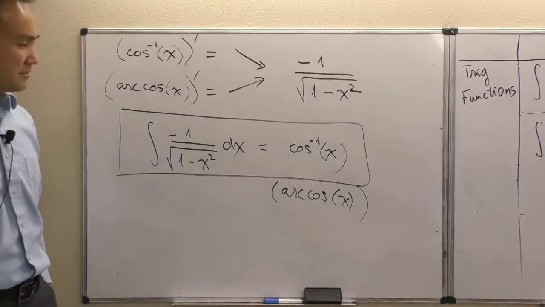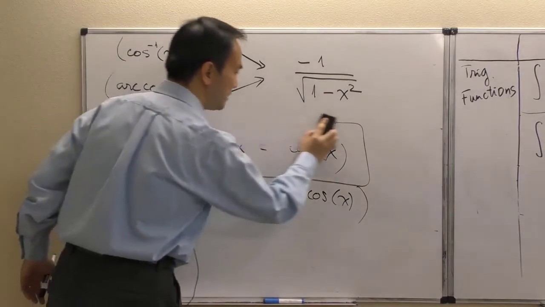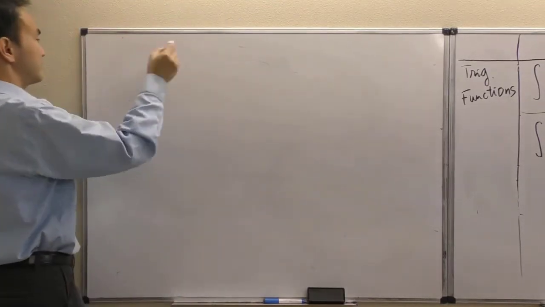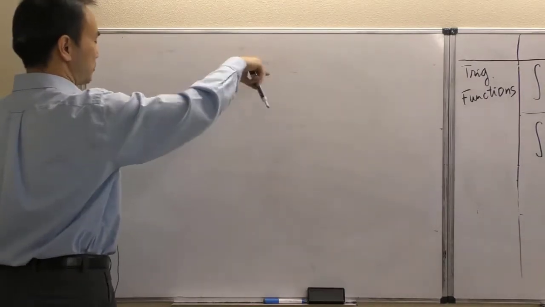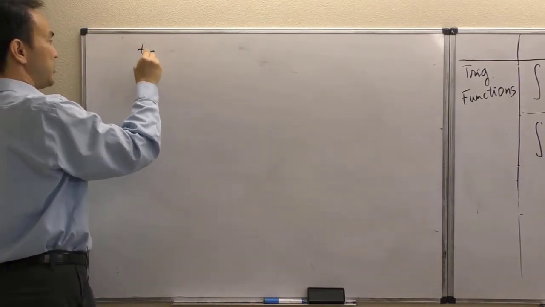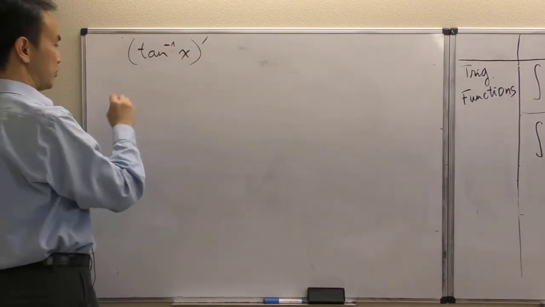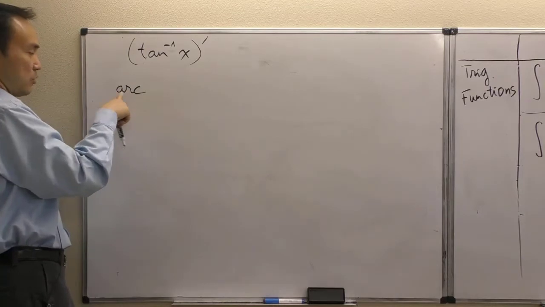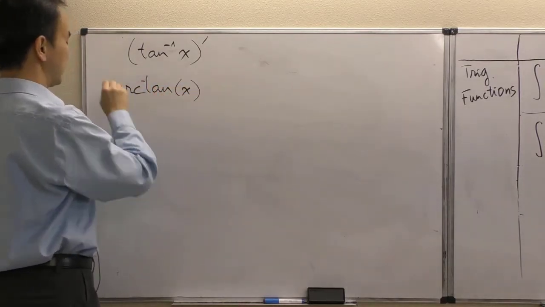And then in addition to that, we also have seen back in the days that we were taking derivatives, the derivative of tangent inverse of x, or many textbooks also use the symbol arc tan of x.